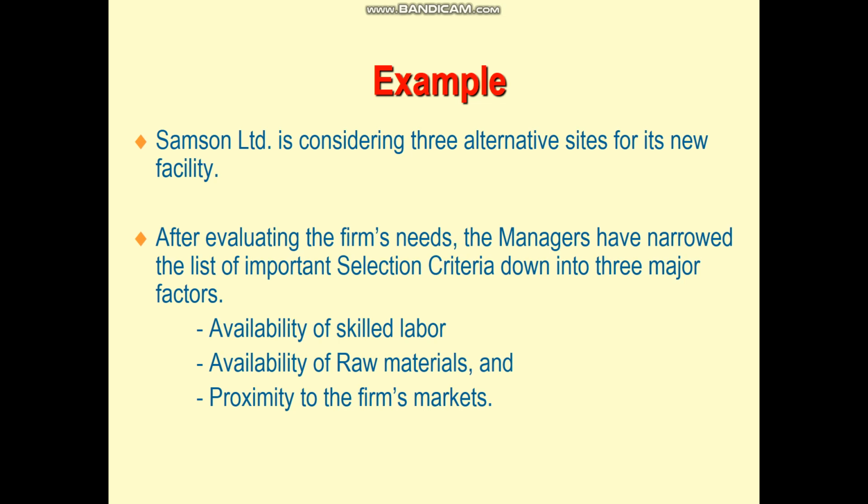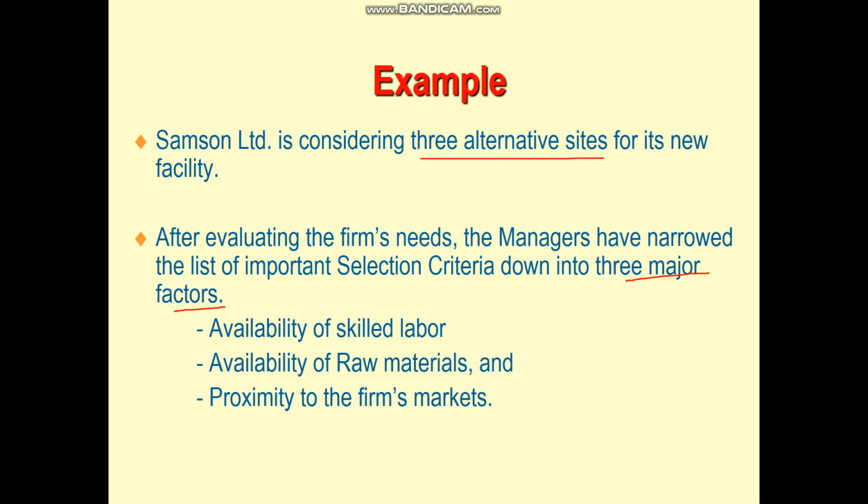Okay, now I will give you an example so that you will understand more about the scoring model. The Samsung company considered 3 alternative sites for its new facility, and they consider 3 major factors. The first one is availability of skilled labor. The second one is availability of raw materials.